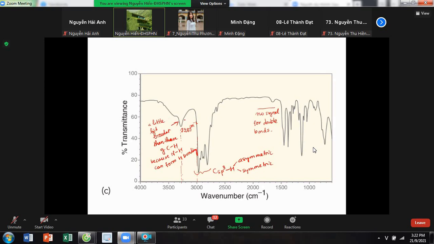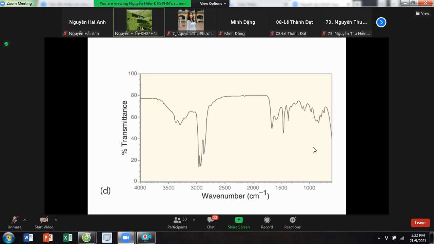And you see only one signal, one peak, and in this case it should be a saturated secondary amine with just one NH bond. The saturated secondary amine. Okay.